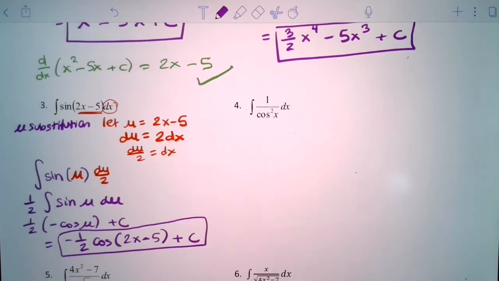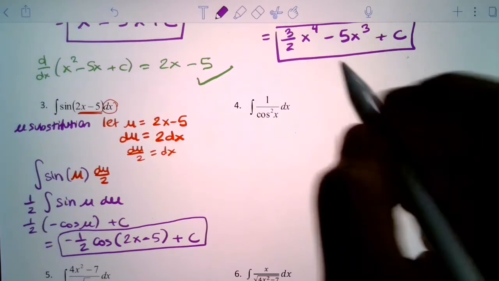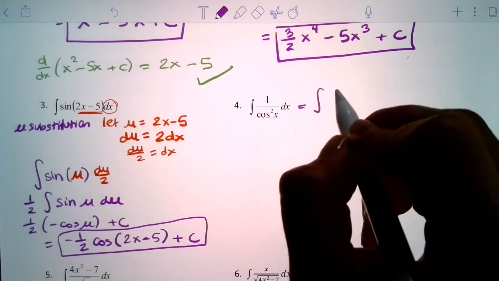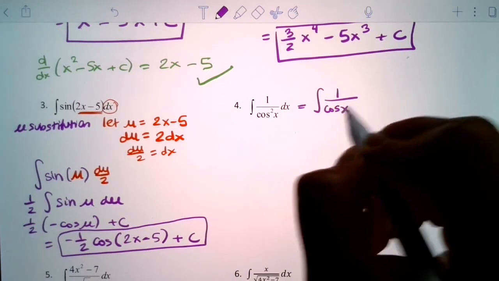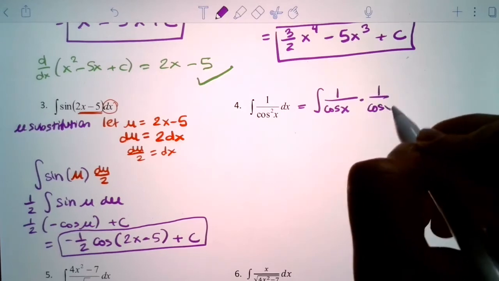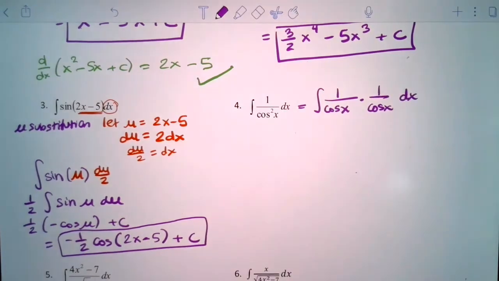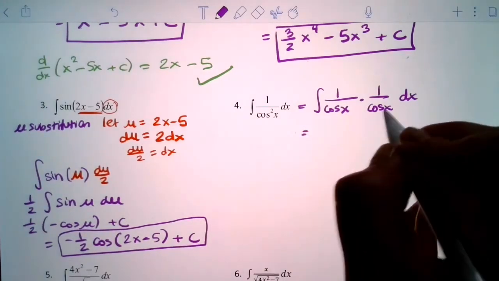You do have a trig identity that you could use on this. You know that 1 over cosine is secant. So if you have 1 over cosine squared, which essentially is what this is, you have 1 over cosine times 1 over cosine. Each one of those is secant. So I have secant times secant.